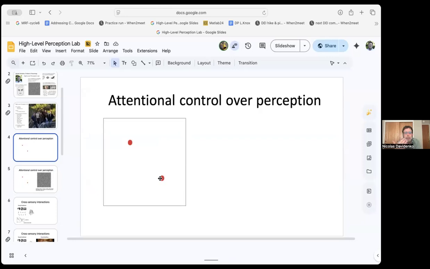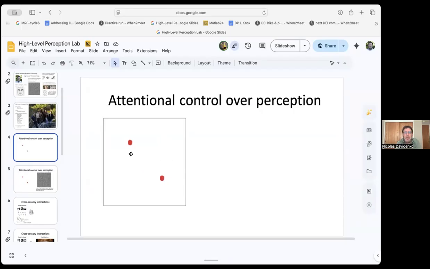This is the basis of a lot of the work I do: when something is ambiguous, that's where the mind can choose to interpret things in different ways and can be primed to interpret things in different ways. So how is this ambiguous?